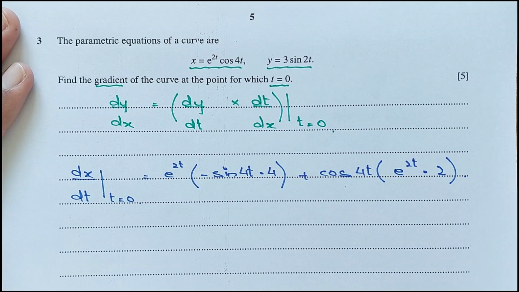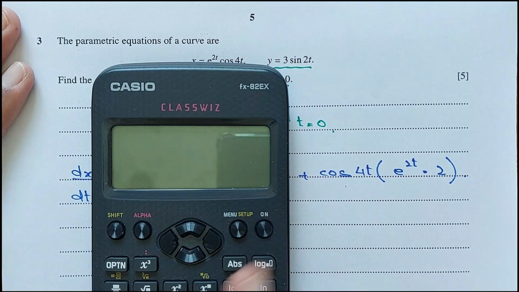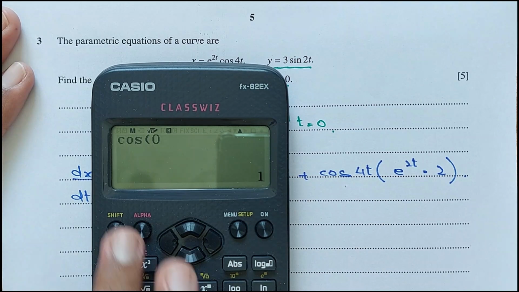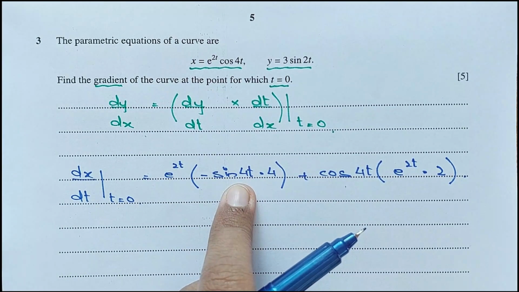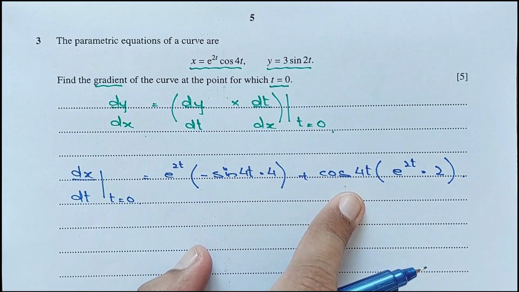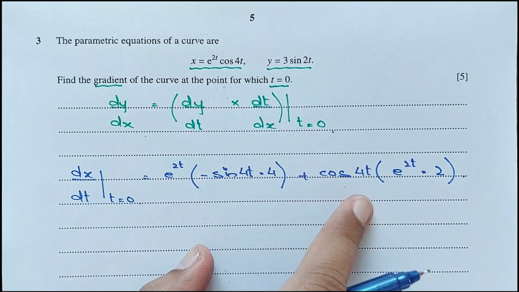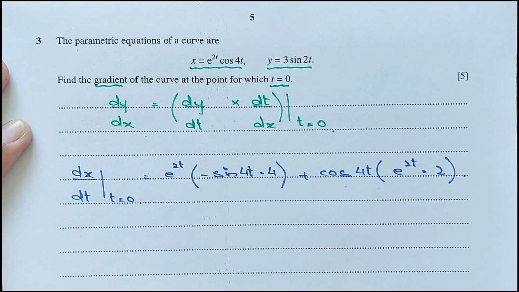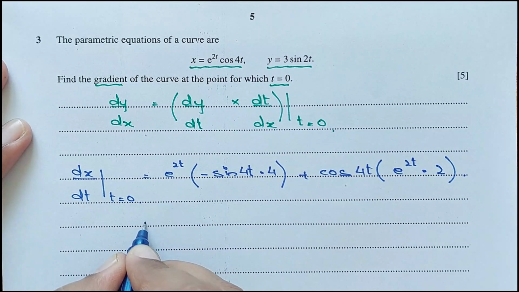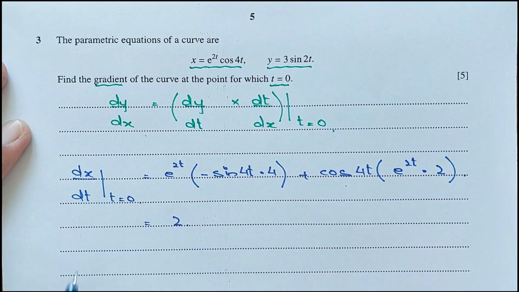Now when t is 0, sine 0 is 0, and cos 0 is 1. So when you put 0, this term would be 0, and this term would be 1. Cos 0 is 1, e power 0 is also 1, so we are just left with 2. So this would be equal to 2.